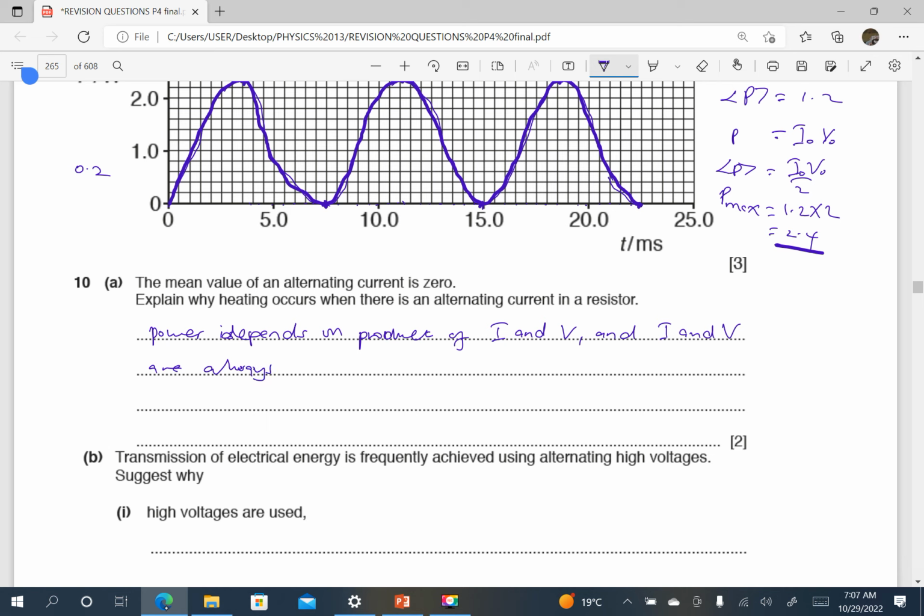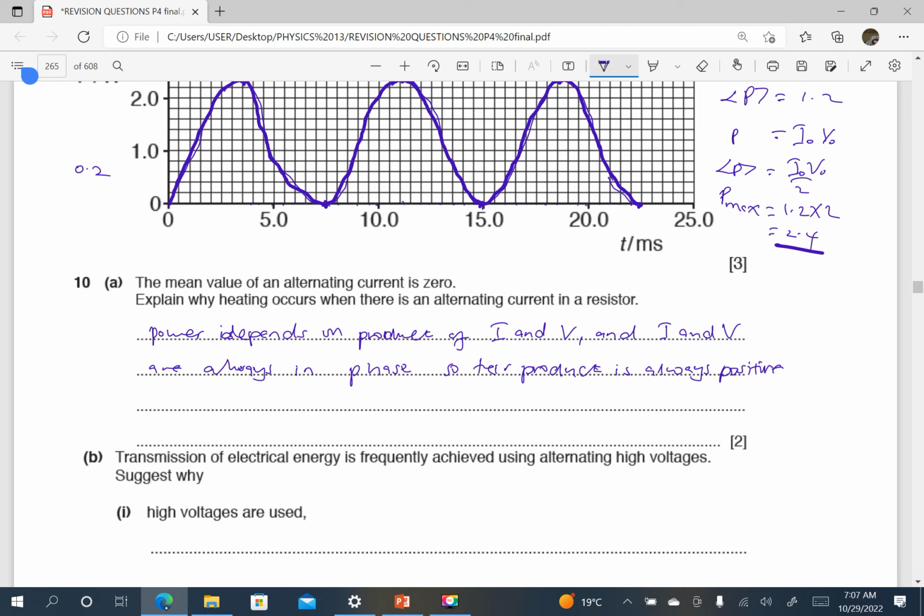So their product is always positive. Because their product I times V is always positive, there is no point in time where the average becomes 0. Okay.